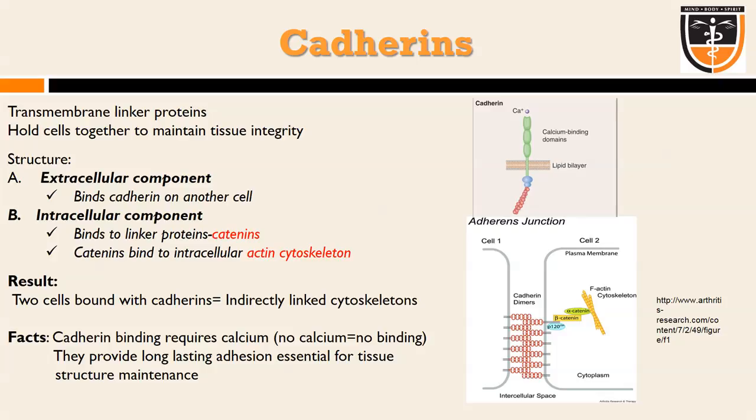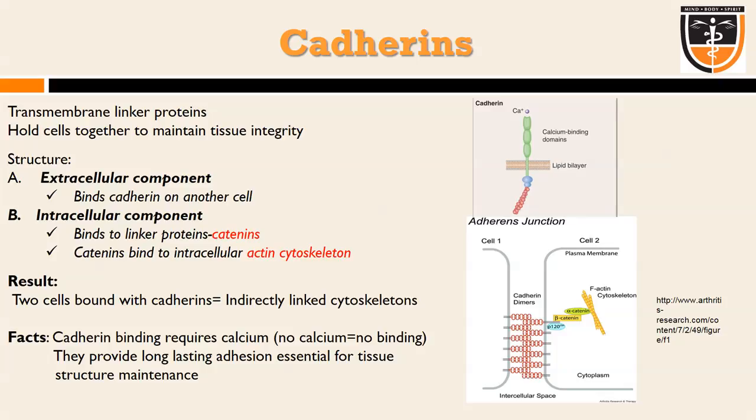Let's talk about cadherins. These are transmembrane linker proteins. That means that they go across the membrane all the way, and they hold cells together to maintain tissue integrity. They're very important. So they have different components. They have the extracellular component, the green one outside, where they bind to cadherin on another cell, okay?